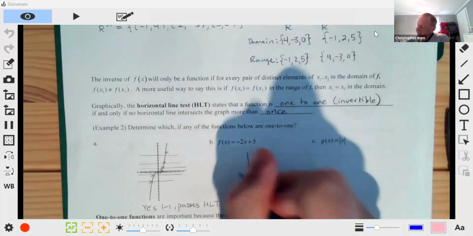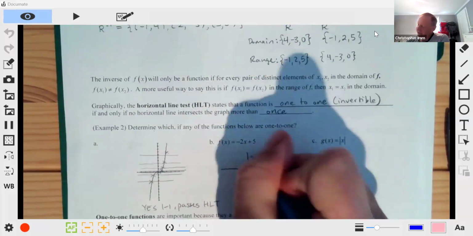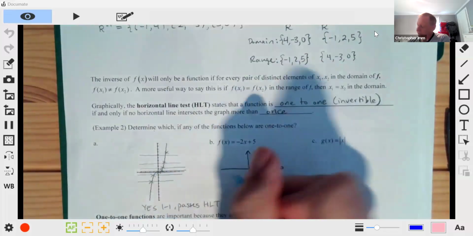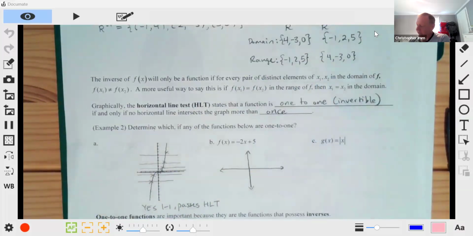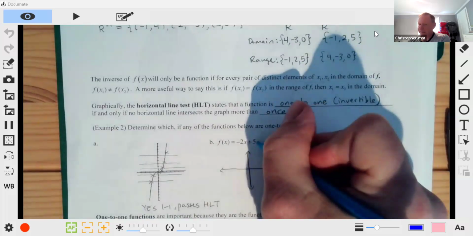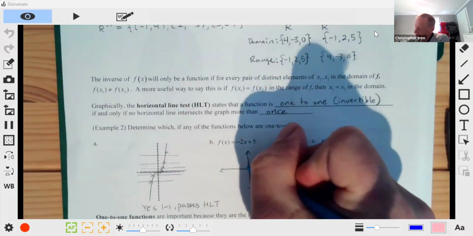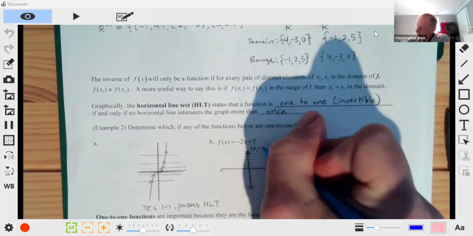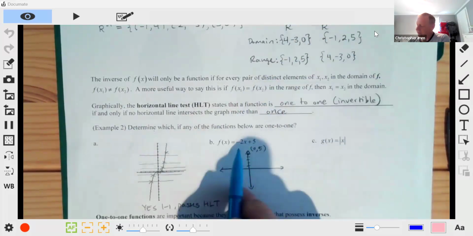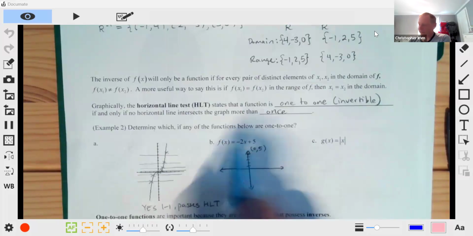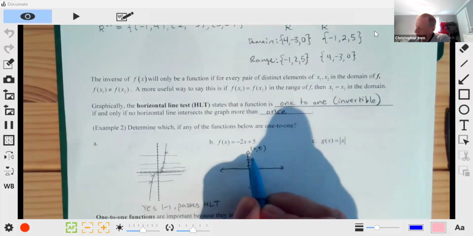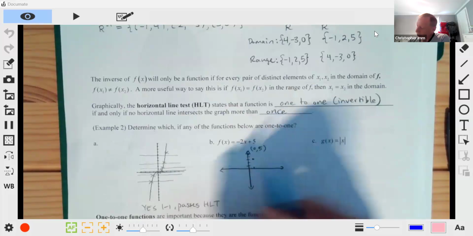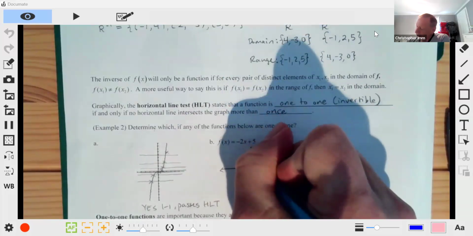We have a linear function. As long as these linear functions have some slope, they're going to pass the horizontal line test. This one has a y-intercept of (0, 5), and it's decreasing, so our slope is -2/1. I go down 2, and I go over 1, and I can draw that line.